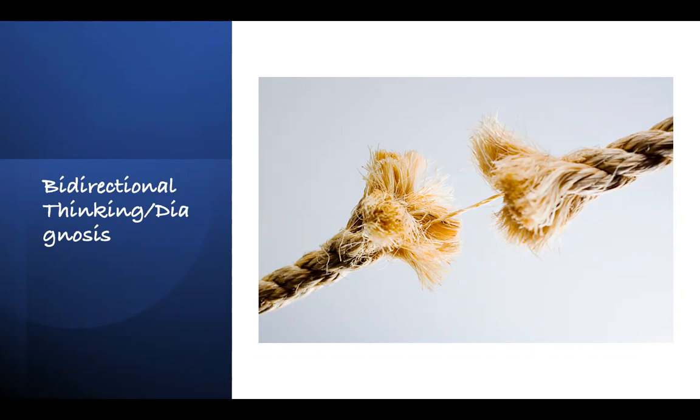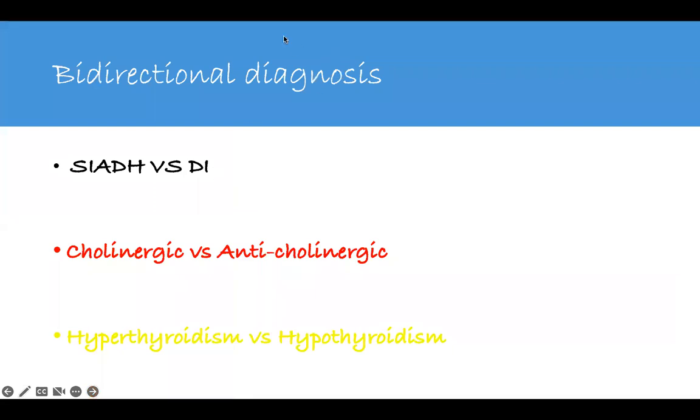All these things you shouldn't be studying in isolation. You see a medication; they will say this medication has a cholinergic effect. Later on, you see another medication. It has an anticholinergic effect. I think you should put it together and start thinking bi-directionally. And this is an example of bi-directional thinking and diagnosis.